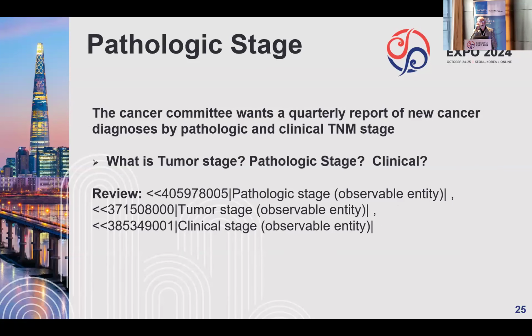And the last item that is present in the body of work is pathologic stage. And I don't know if you've seen clinical cancer staging. It's called the TNM classification for tumor size, nodes, positive or negative, and metastases, okay?